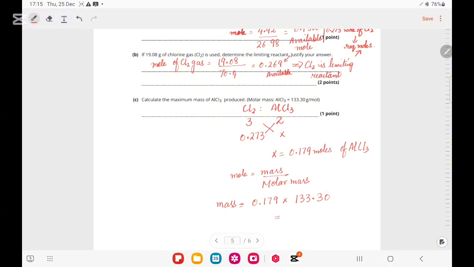So the answer finally comes out to be 23.9 grams. So this is our final answer.